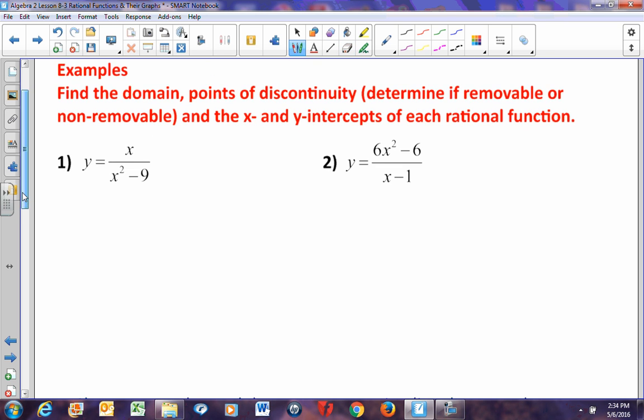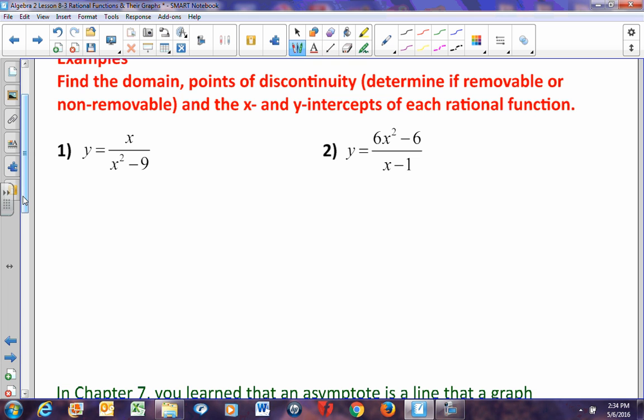So, to find the domain, first thing I'm going to do is factor it, which means this will factor to x over x plus 3 times x minus 3. Okay? So it has x plus 3 and x minus 3 in the denominator, which means that it is undefined. I'll have a 0 in the denominator. It's undefined at x equaling negative 3 and x equaling 3.